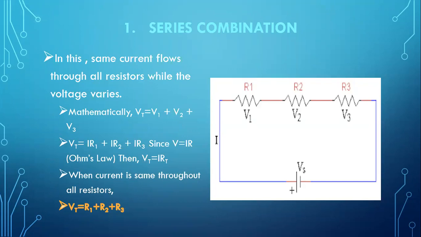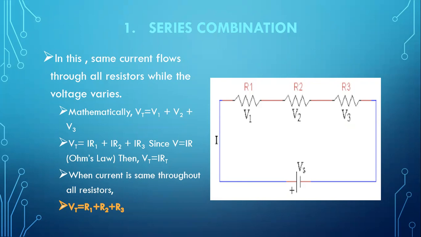The current flowing through these resistors is just the same throughout all the resistors, while the voltage varies depending on each resistor, resistor 1, resistor 2, and resistor 3. So you can simply say that the current flowing is equal throughout all the resistors.